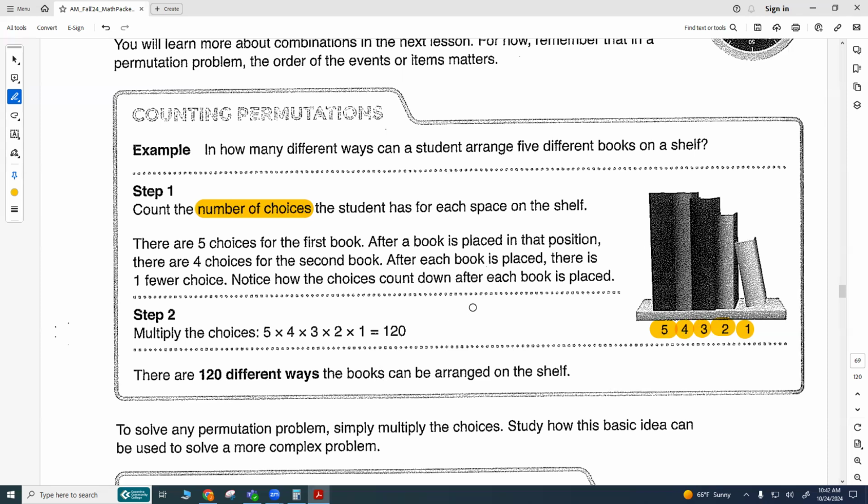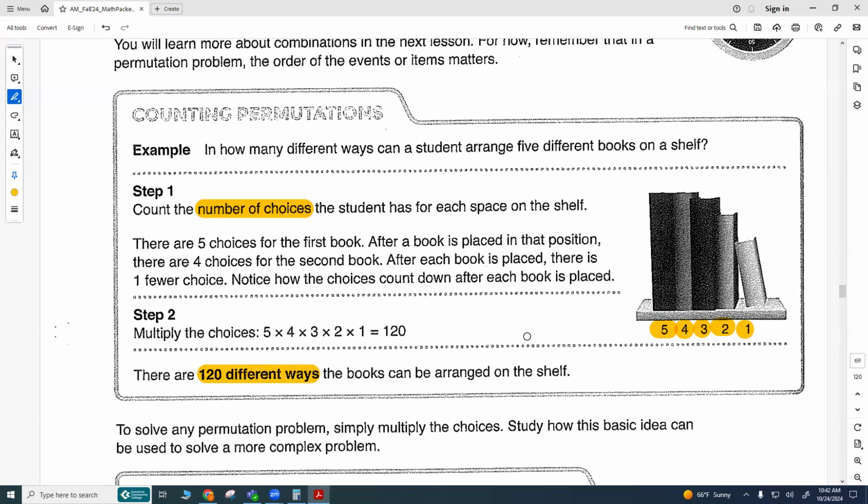And so once you get the amount of choices possible in each of your spots, then you multiply those numbers together. And so for this problem, we have 120 different ways that the 5 books can be arranged on the shelf.